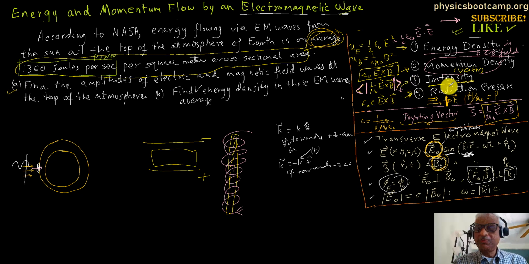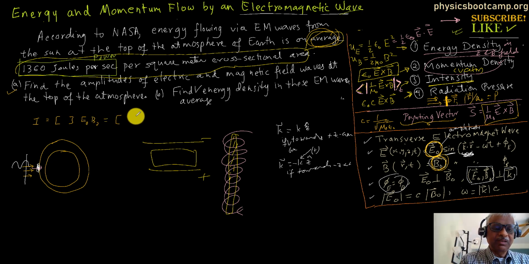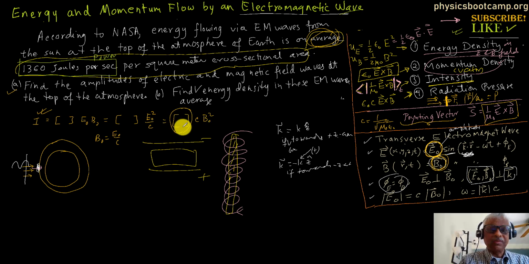If you have a formula for intensity, what we want is intensity equals something in terms of the electric field and magnetic field, E0 and B0. It's going to be something like E0 squared over c, but using B0 equals E0 over c, or something like c times B0 squared.